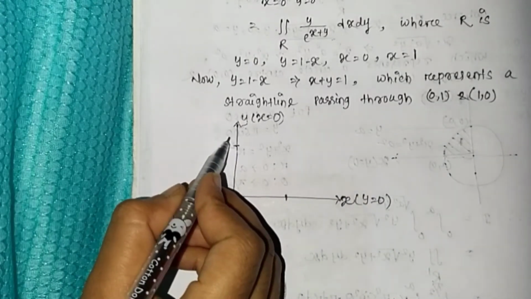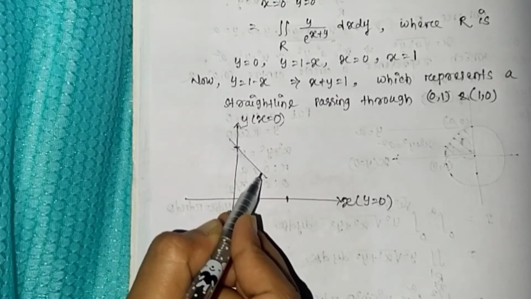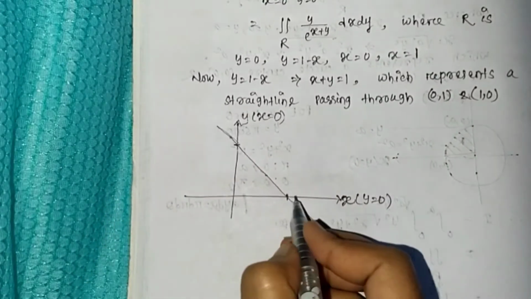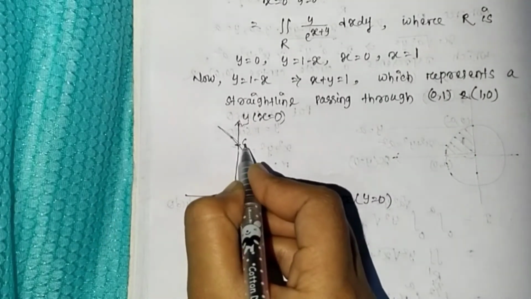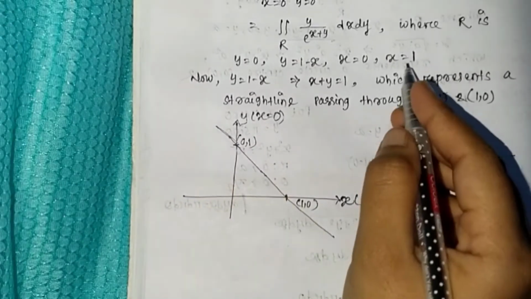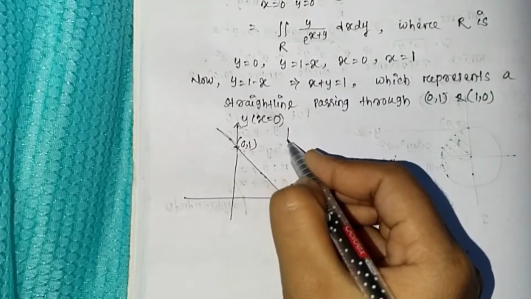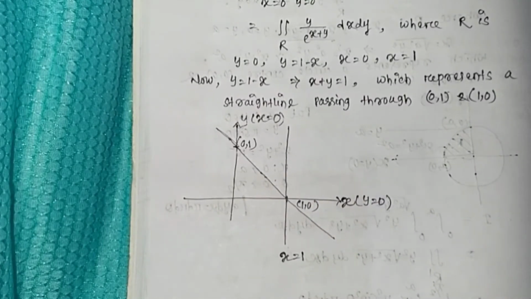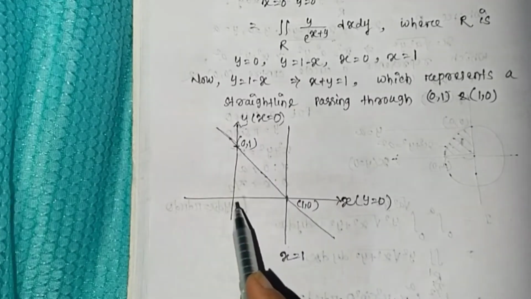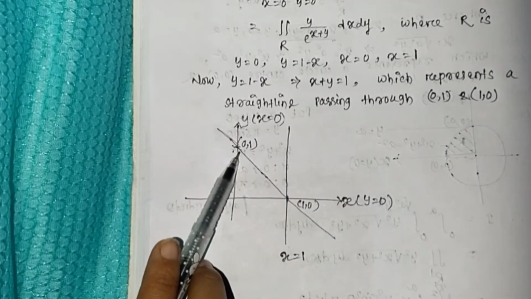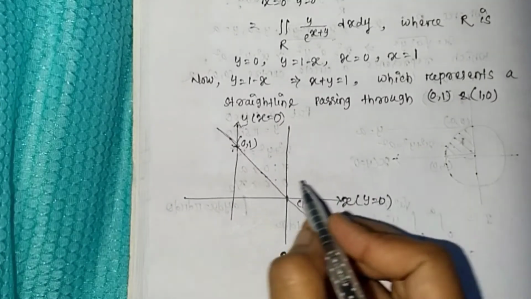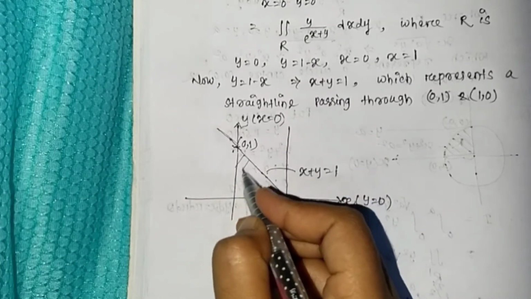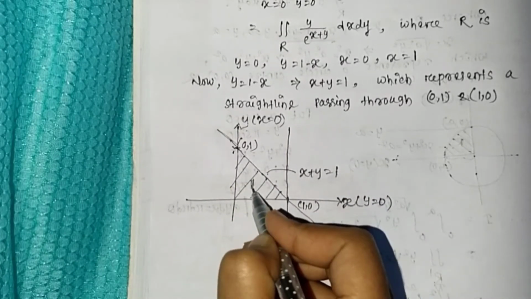So we draw the line joining these points, that is our (1, 0) and this one is our (0, 1). Then x equal to 1 is that line. So our region is bounded by x equal to 0, y equal to 0, x plus y equal to 1 and x equal to 1. That is our R.